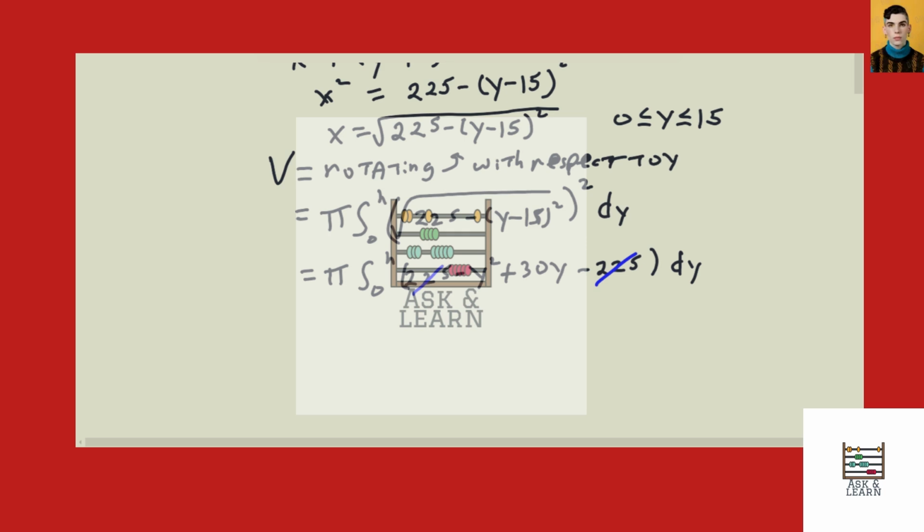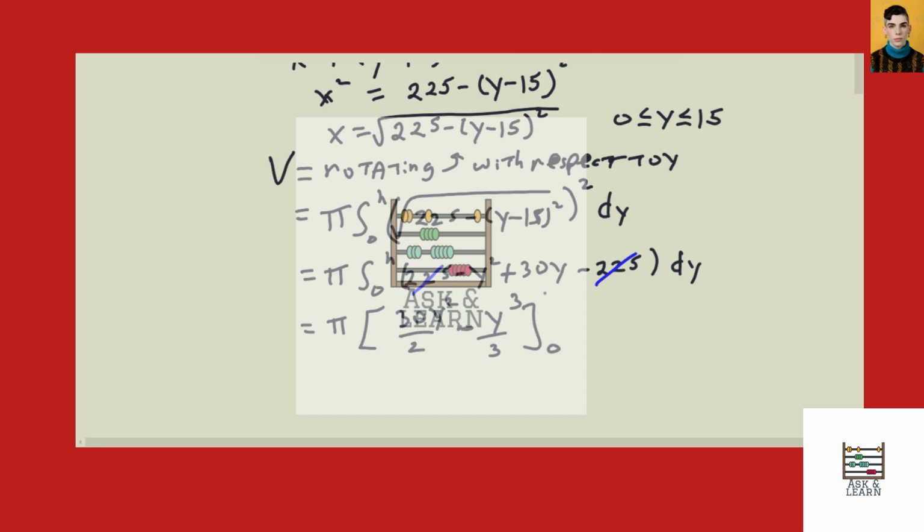So that means I have pi times the integral of 30y, which is 30y squared over 2, minus y cubed over 3.